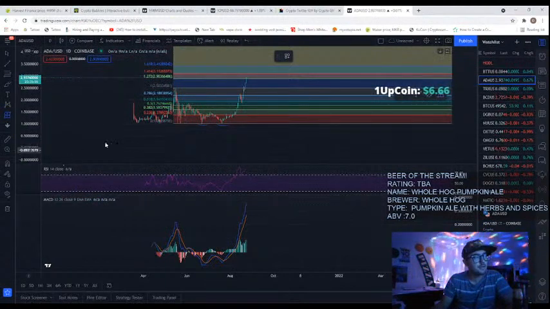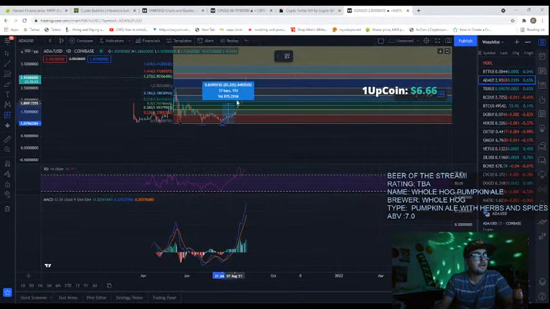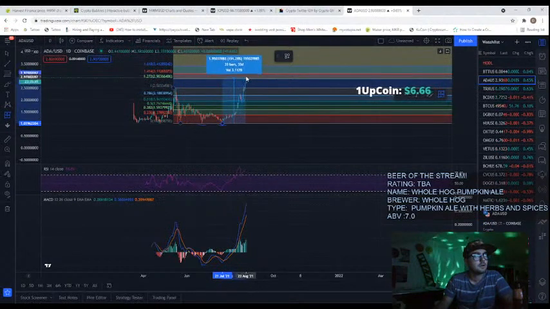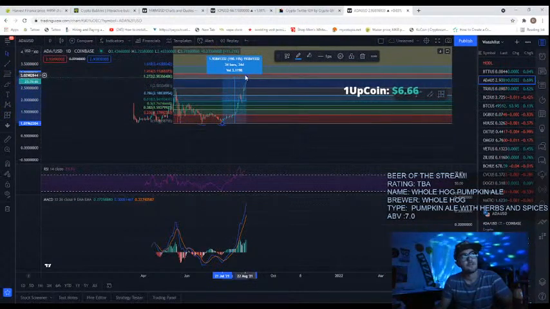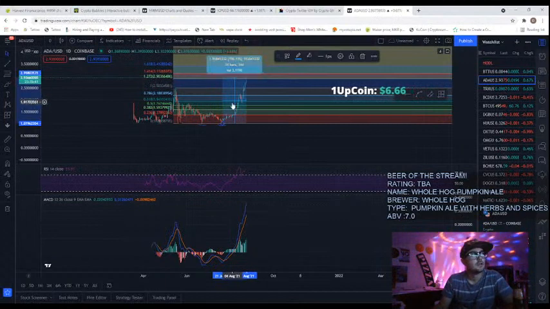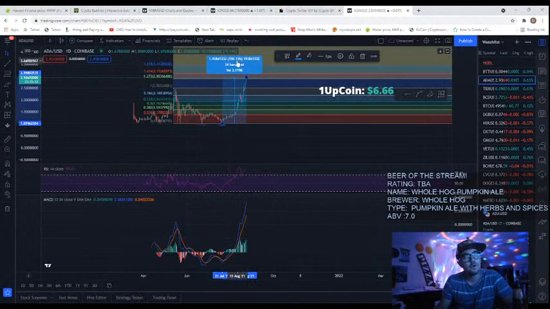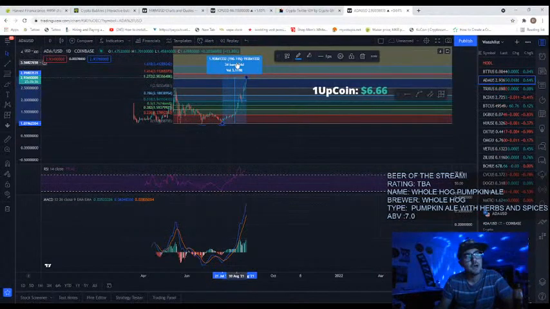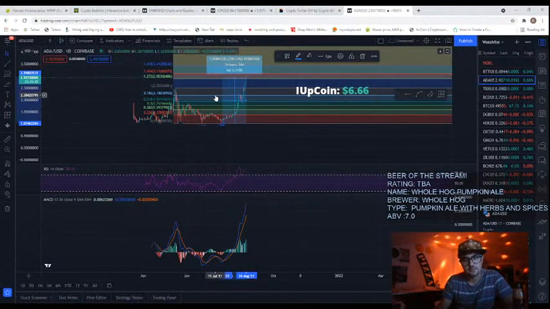Date and price range, from that low to the current high: 34 bars, 34 days, and you've gone up 190.11% in 34 days.